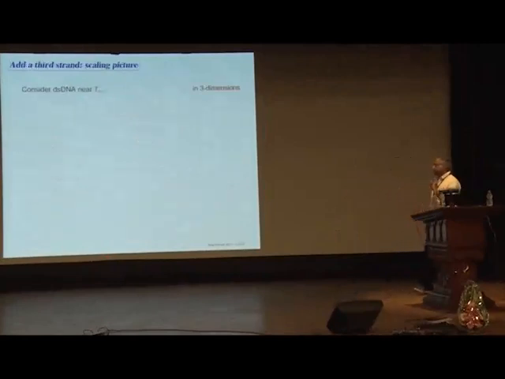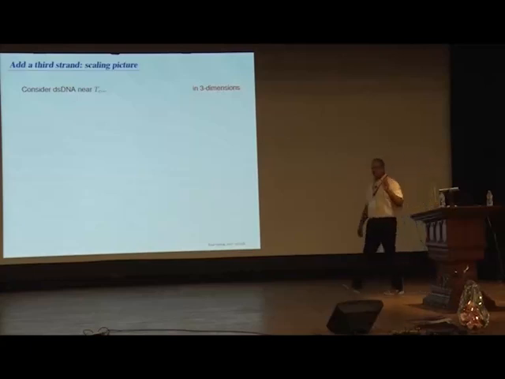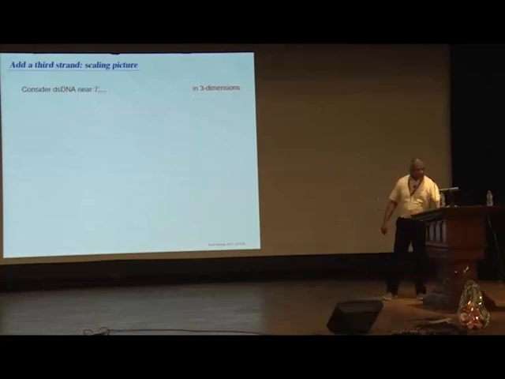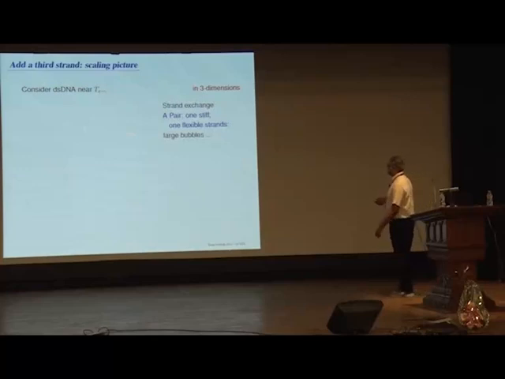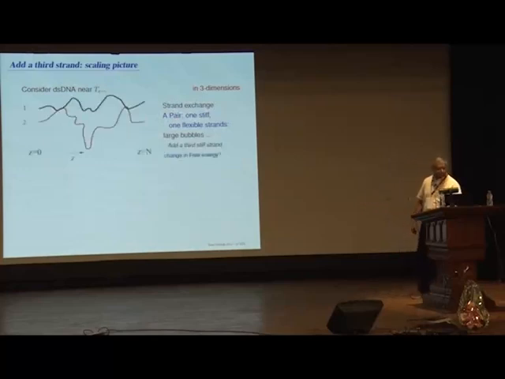But what we now want to do is take this double-stranded DNA near its melting point, in 3 dimensions. Again, to explain things easily, I will take a pair which are more or less stiff. So they are stiff chains, and I keep them.